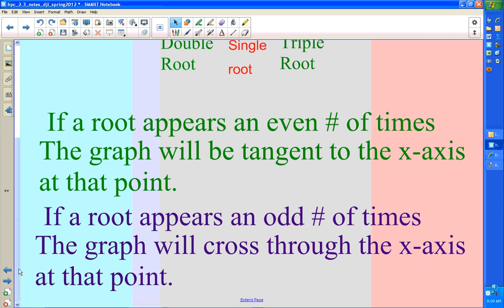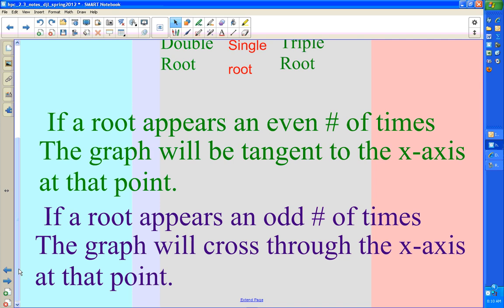If it's an odd root, it appears an odd number of times, the graph will cross through the x-axis at that point. If it is a single, the graph goes straight through, no wiggle, no nothing.